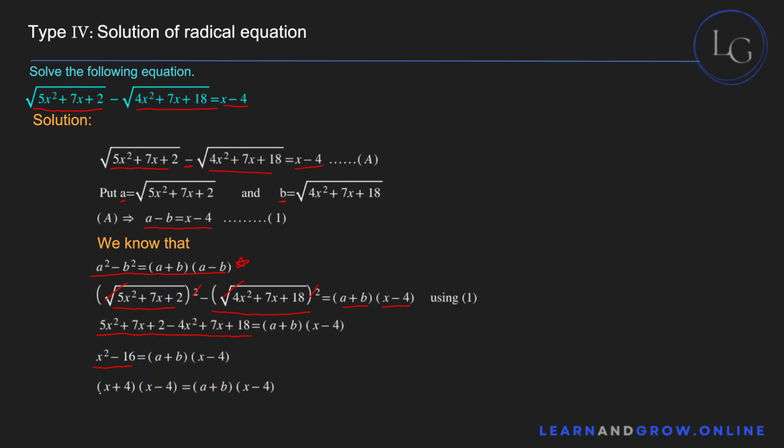So x squared minus 16 can be written down as (x plus 4)(x minus 4). Now, these x minus 4 terms can be cancelled out. So a plus b is equal to x plus 4, and this is now equation 2.